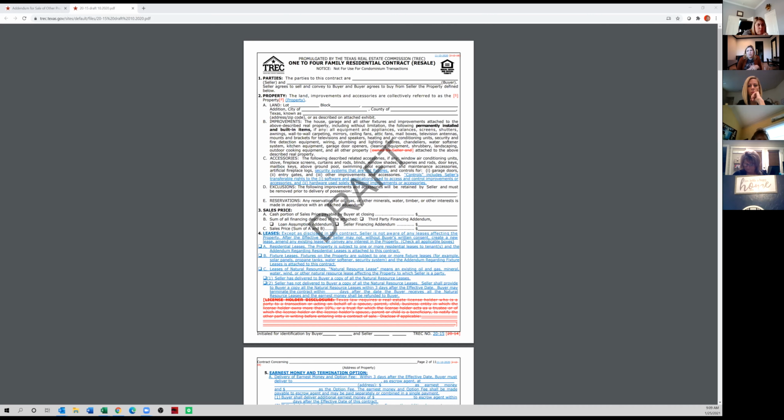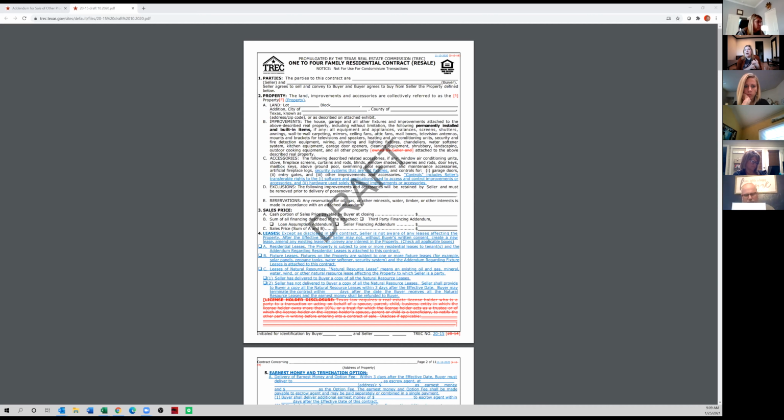All right, then improvements. So we are selling the house, garage, and all other fixtures and improvements attached to the above described real property, including without limitation the following permanently installed and built-in items. And they have that bolded, which y'all know when it's bolded, that's like Jesus talking in the contract, right? We've got to really pay attention to it. These are the things that are somehow permanently put into the property.